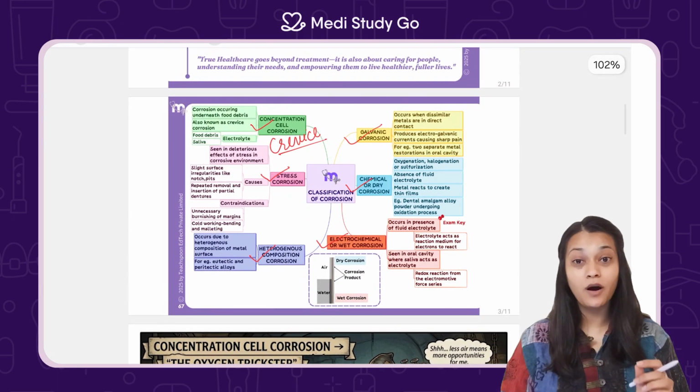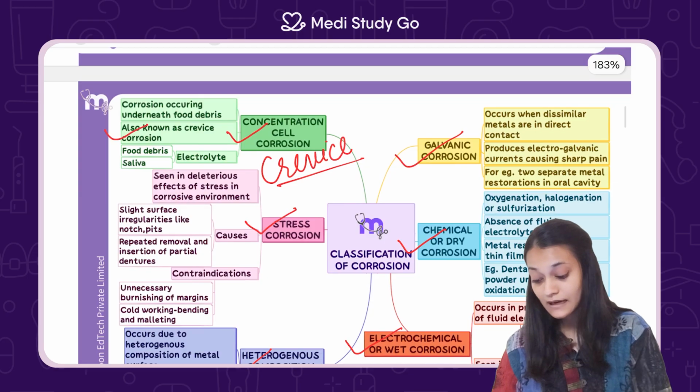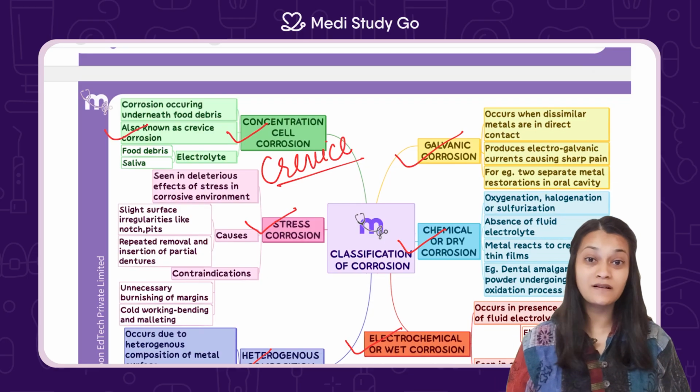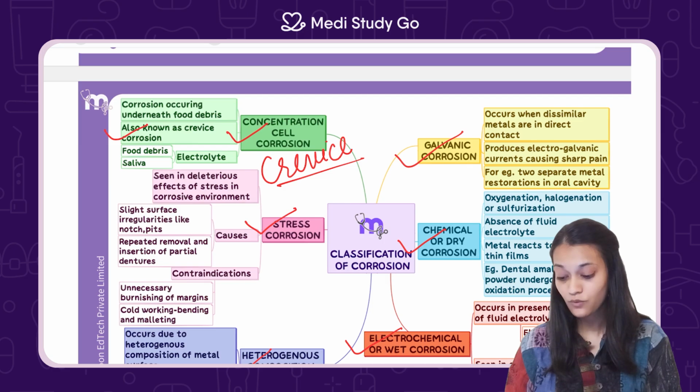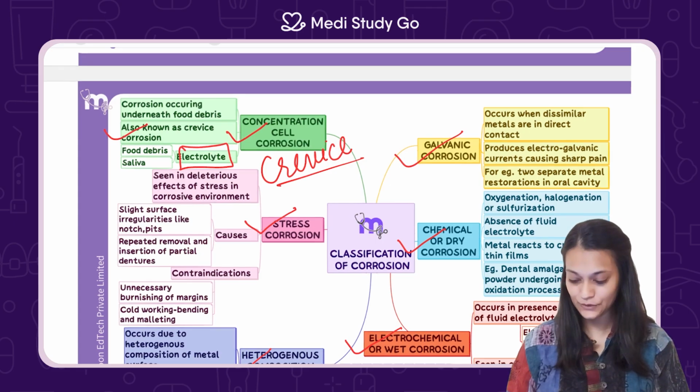So when I talk about concentration cell corrosion, it is nothing but your crevice corrosion that occurs because of the change in oxygen gradient. The high and low oxygen will lead to formation of anode and cathode, which in the presence of electrolytes like food debris and saliva will start generating the entire corrosion process.